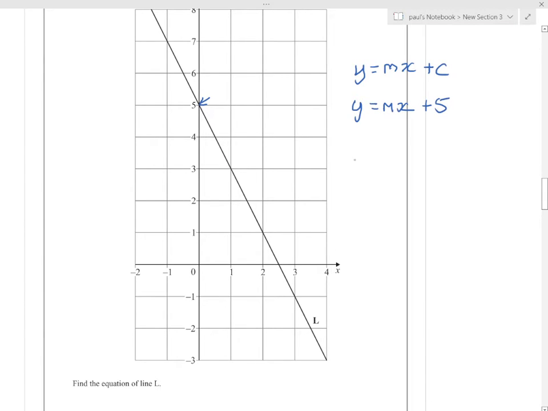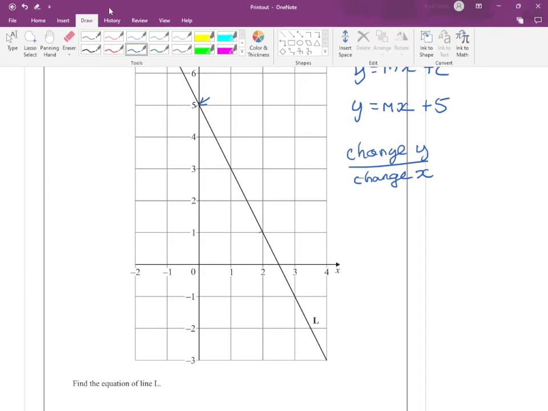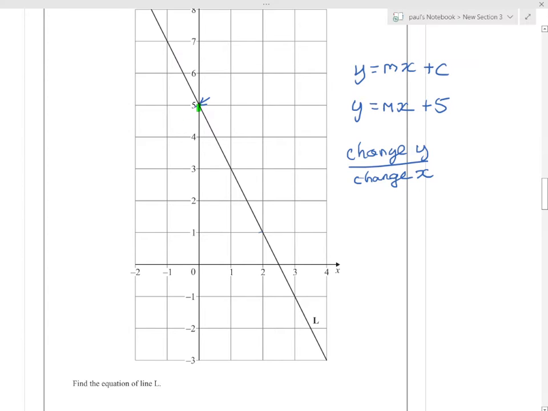Now we need to find the gradient, which is the change in y divided by the change in x. So we go from here down to, oh, there's a nice convenient point. So if we go from there down to there and then across to there.